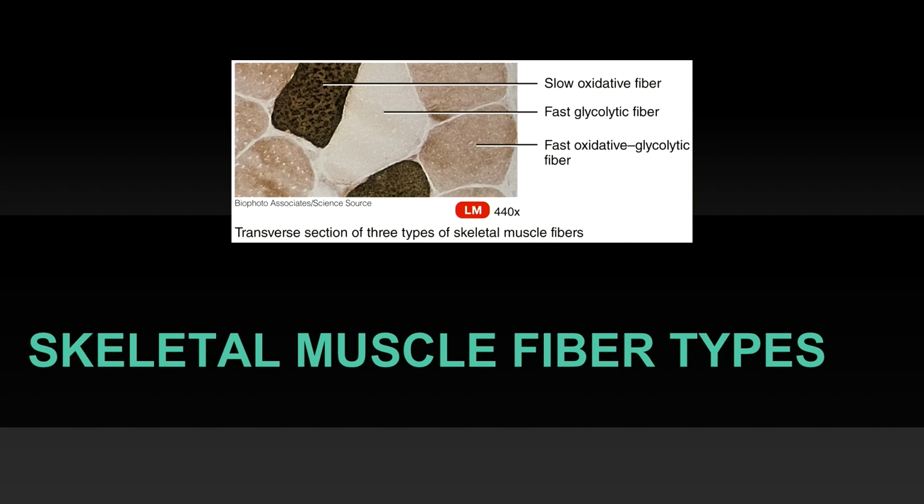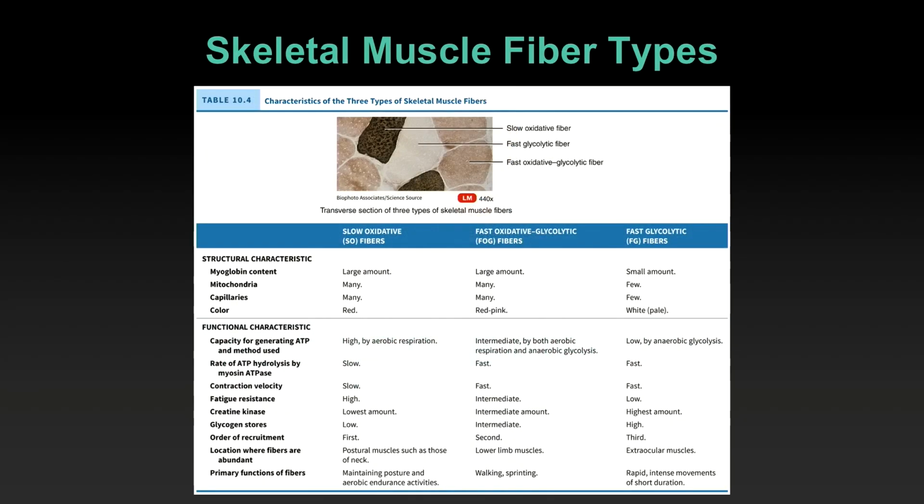So skeletal muscle fiber types range through two main types and one that overlaps. Slow oxidative, fast glycolytic, and fast oxidative glycolytic. The last one is a blend of the two extremes.